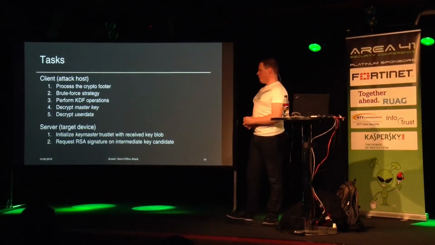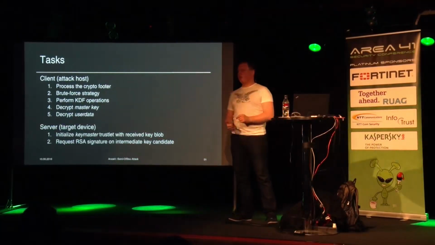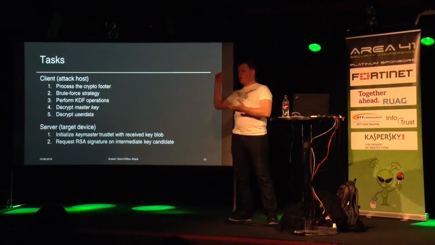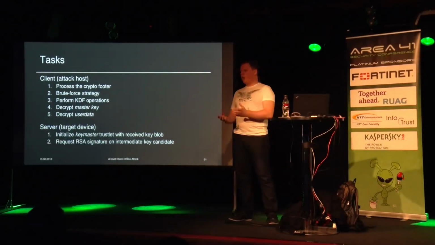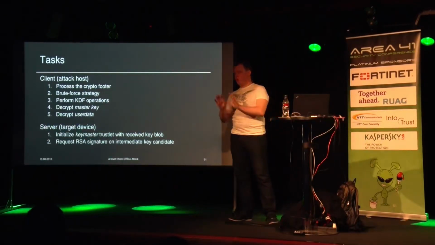On the server, I needed to find a way to initialize the key master with the RSA private key that I have imaged off the device. So I found a way to do that. Tick, one step closer to the attack. Then I needed a way to get the key master trustlet to sign my value that I send him. Could do that, check, good, we're one step closer.